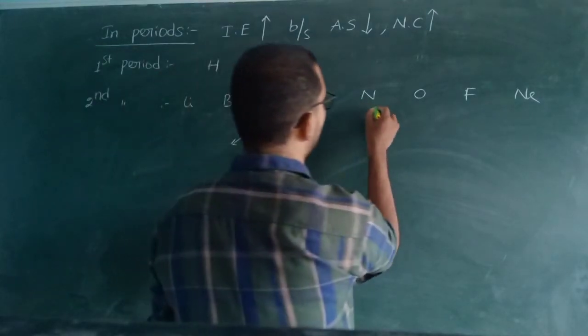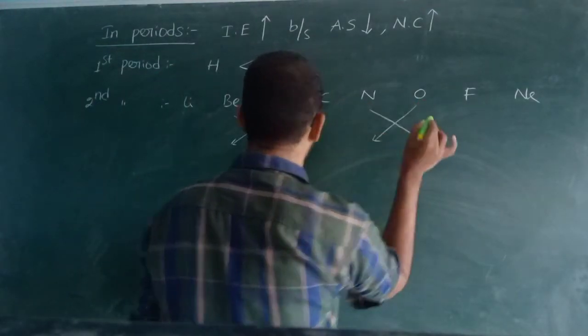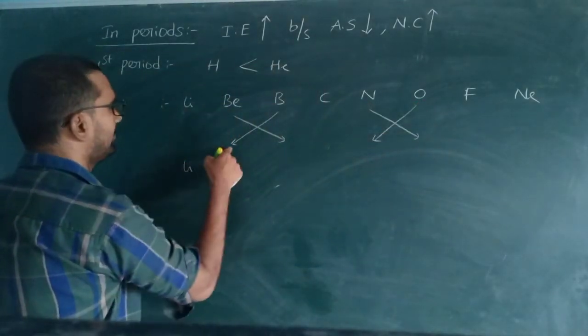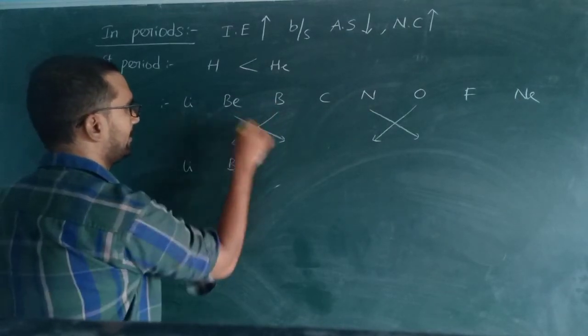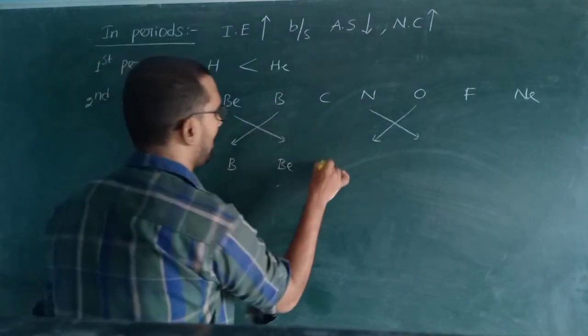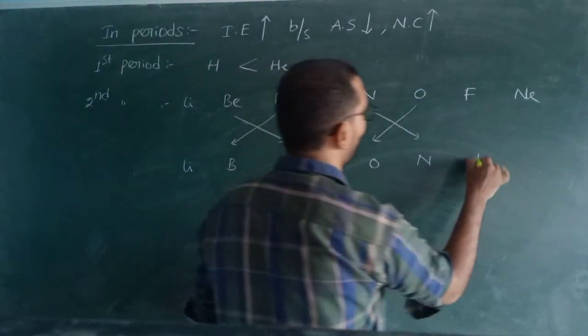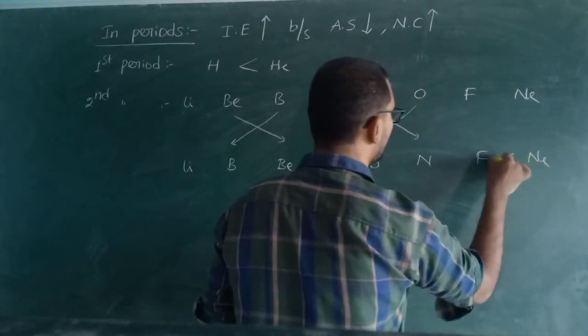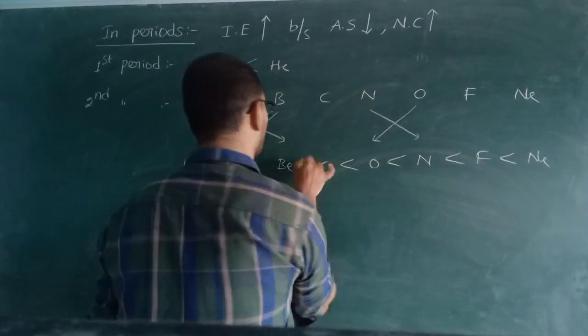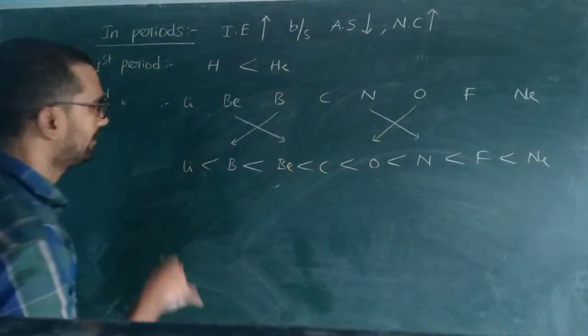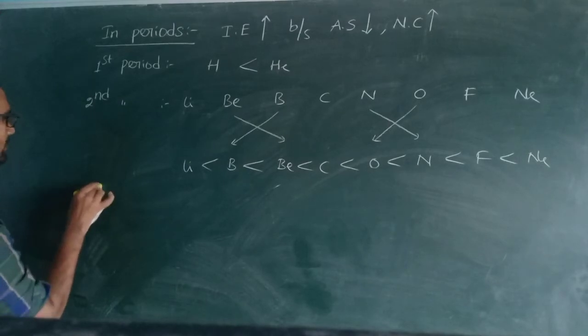Next, nitrogen is stable, so write like this. Now write the order: lithium, boron, beryllium, carbon, oxygen, nitrogen, fluorine, neon. This is the order.